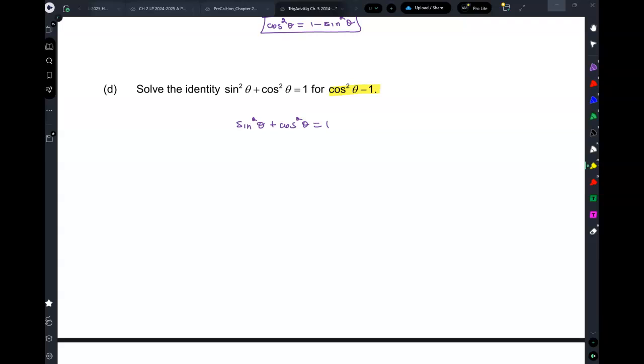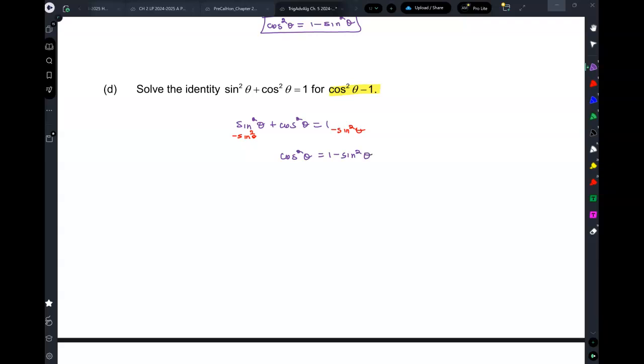First let's do minus sine squared theta, because we don't want the sine and the cosine together. So cosine squared theta equals 1 minus sine squared theta.